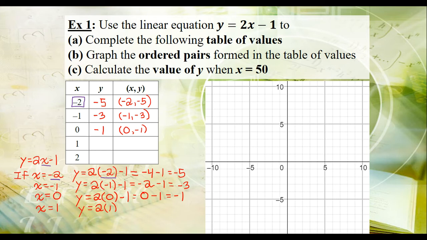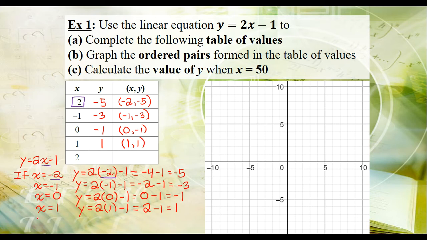Then y is also a variable because we're getting different values for y depending on what the value of x is. Okay, so 2 times 1 minus 1 would be, 2 times 1 is 2, minus 1 would be equal to 2 minus 1 is just going to be 1. Okay, so positive 1. The ordered pair would be 1, 1.